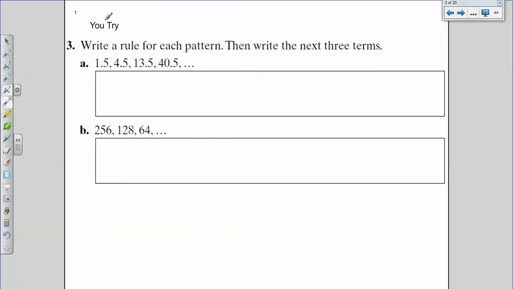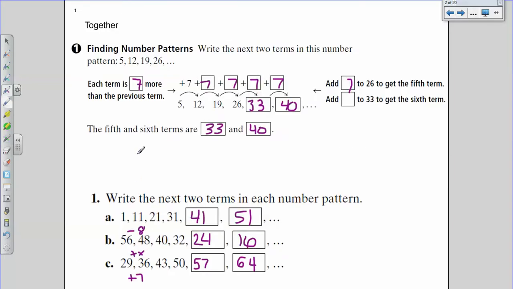So now I want you to try to write a rule for each pattern. So my rule back here would be, for this one right here, start with 1 and add 10 repeatedly.